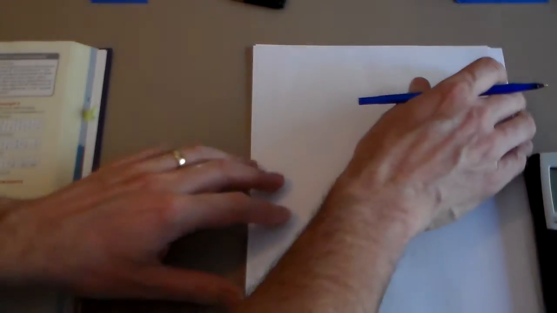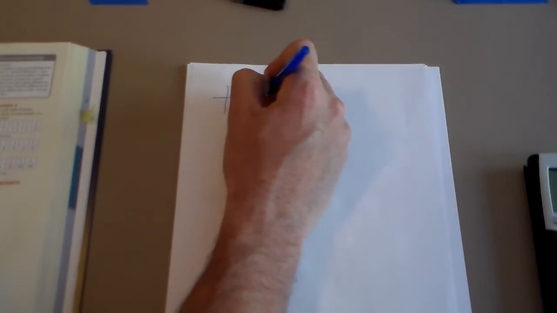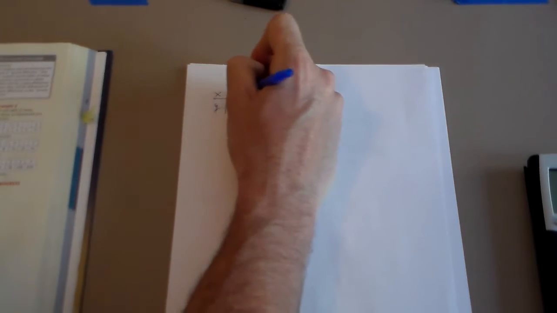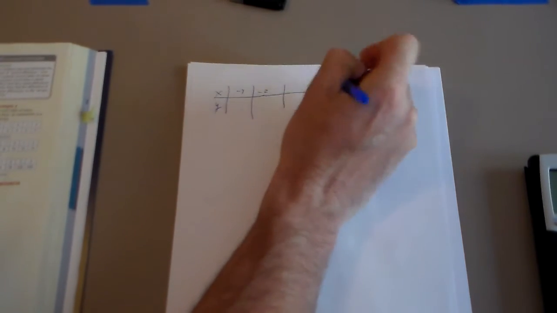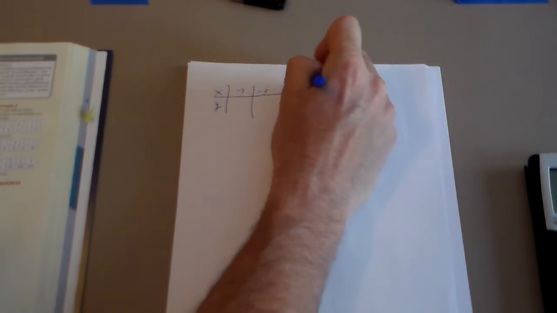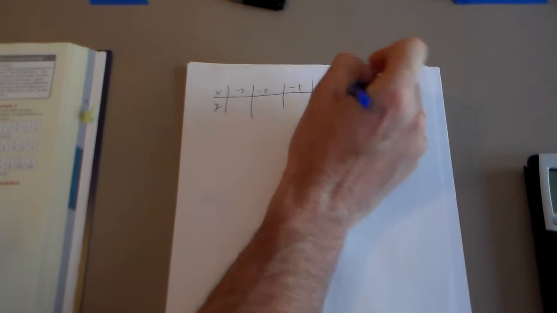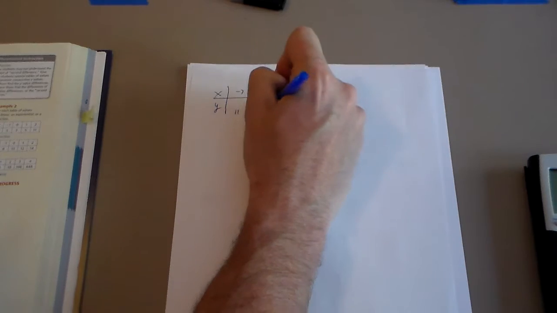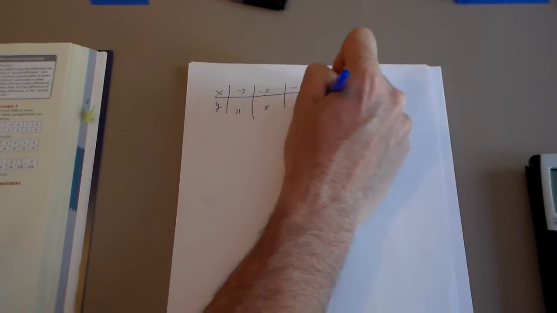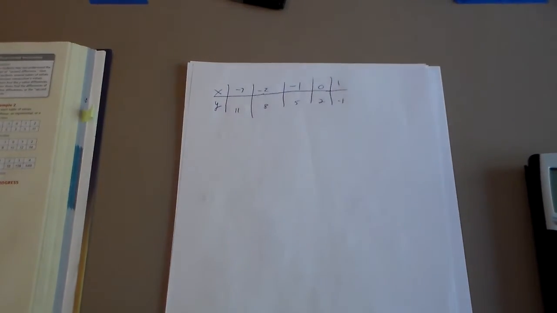Okay, so now when they give you a chart, let me pull this way here. If they give you a chart, I'm going to make an XY chart here. I'm going to say -3, -2, -1, 0, and 1. And underneath that, I've got 11, 8, 5, 2, -1.